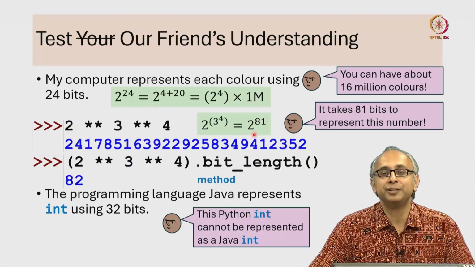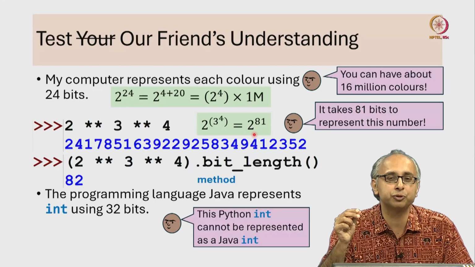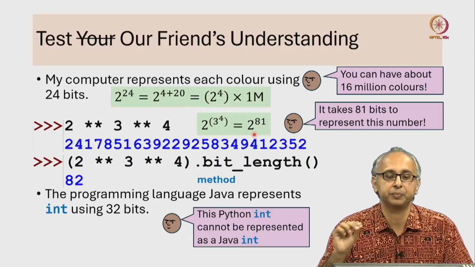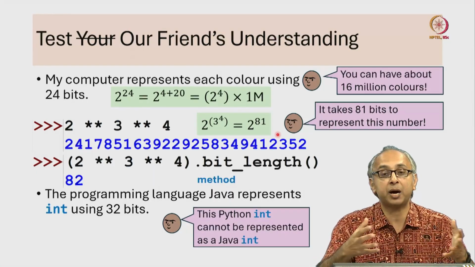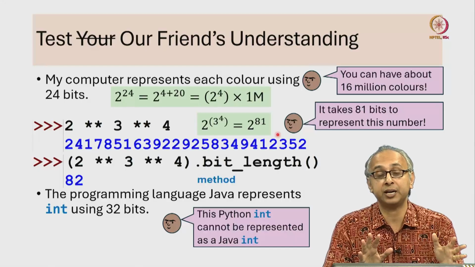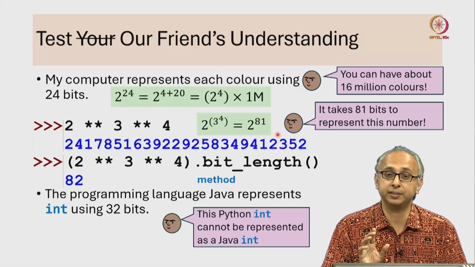So our friend was nearly right, but more importantly, our friend has confused two closely similar concepts. If you need to represent 2 to the power 81 different items, you will need 81 bits.